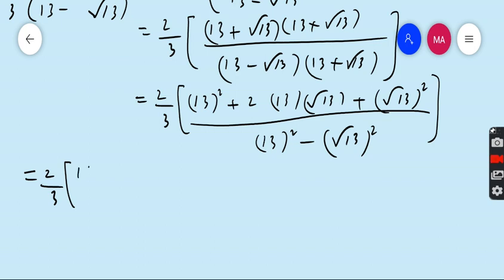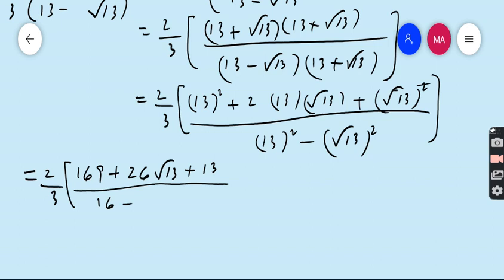13 square is 169 plus 2 into 13 is 26 root 13. Root 13 square and root cancel, so 13 square is 169, and the root cancels, leaving 13.